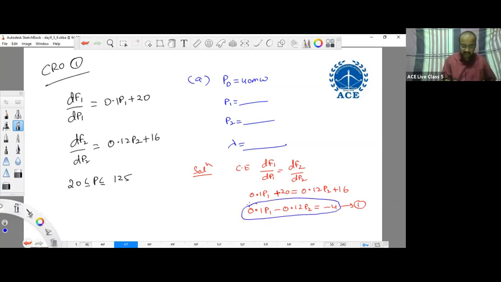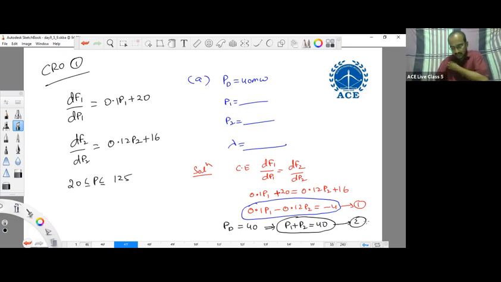And how do you develop the second equation? Here PD is given as 40. So from this you get P1 plus P2 is equal to 40. This is the second equation. Solve 1 and 2, you will get P1 and P2.